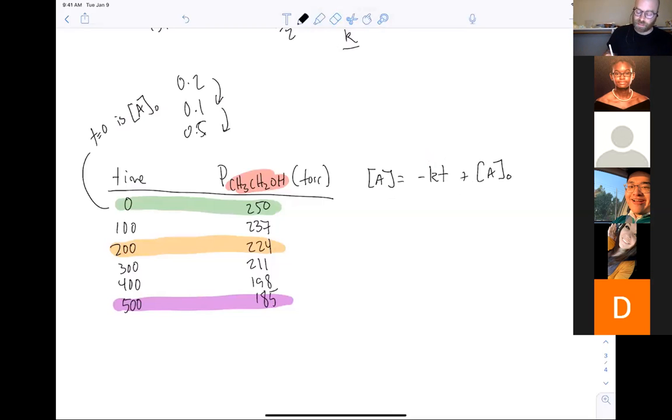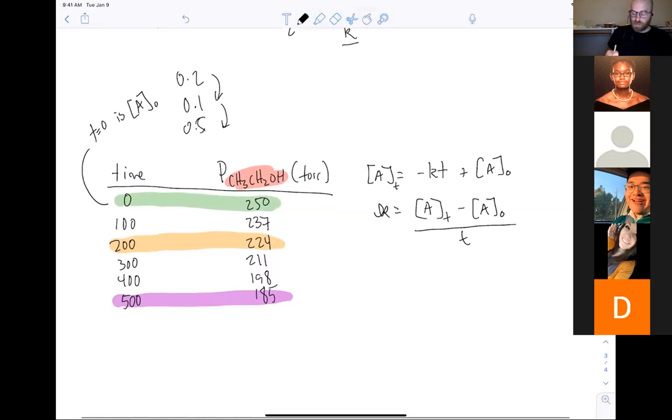So now we can try and calculate k from this. Let's see, k would be equal to here. And so now we can say, okay, well, we can test it at two different times. Let's say, I'll just do the same one.